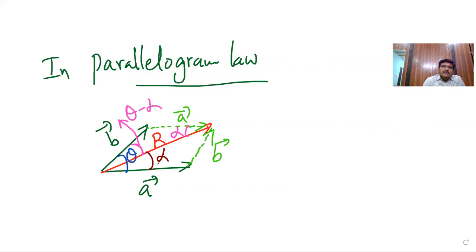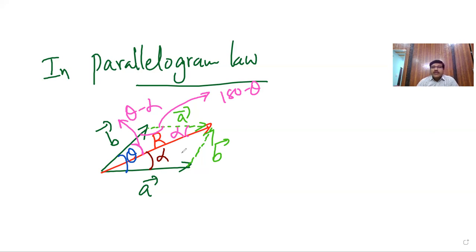The entire angle is theta, so out of theta, if I deduct alpha, the remaining angle is theta minus alpha, opposite alpha. This entire angle is 180 minus theta. So in that triangle, you can make use of the sine rule.